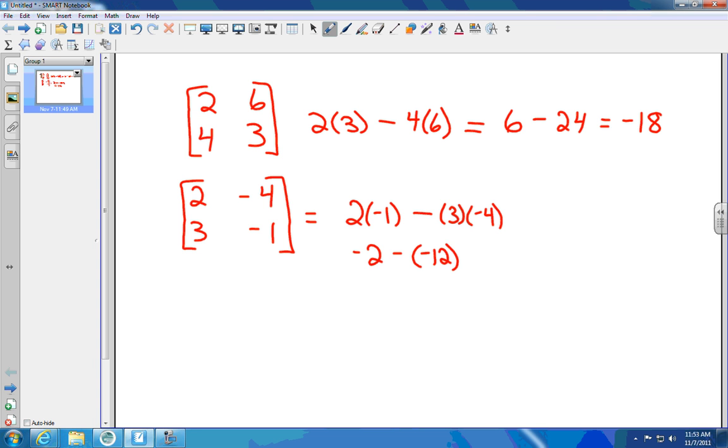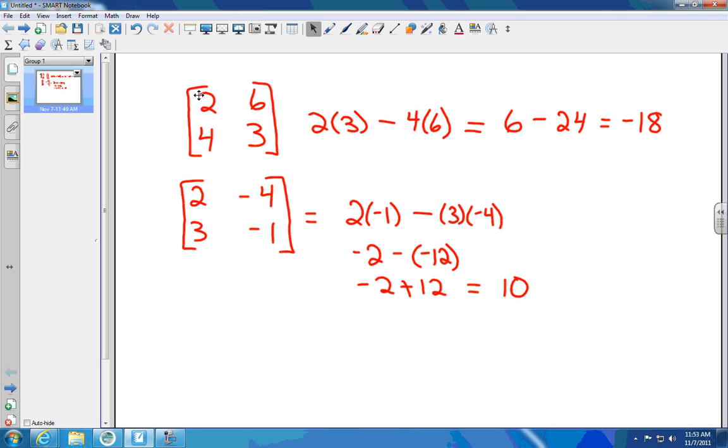So if you do negative 2 minus 12 and get negative 14, you're obviously going to be incorrect. That's really the only possible way you can make a mistake in this whole section, is just your positives and negatives. So that would become negative 2 plus 12, or what? 10 would be your determinant there. So that's the only thing you have to watch for, positives and negatives.